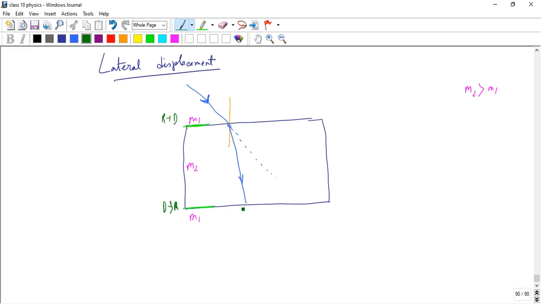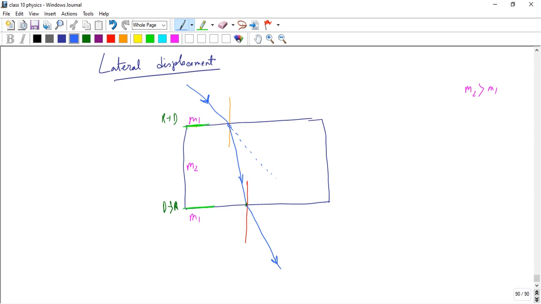So this is the point of incidence. Now draw a normal. Light travels from denser to rarer, and we know that the refracted ray bends away from the normal.